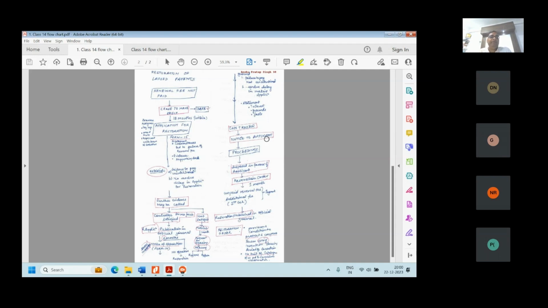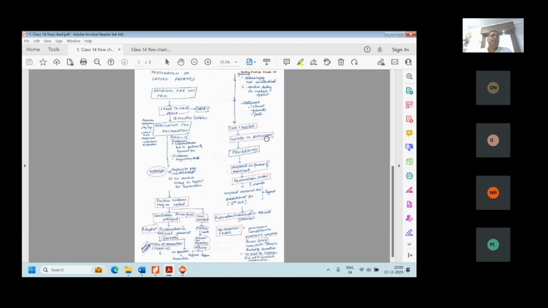So for example, if it ceases to have effect on 1/1/2021, then you have 18 months to apply. Suppose you applied on 1/12/20. Okay, I'm applying for the restoration. So who can apply?